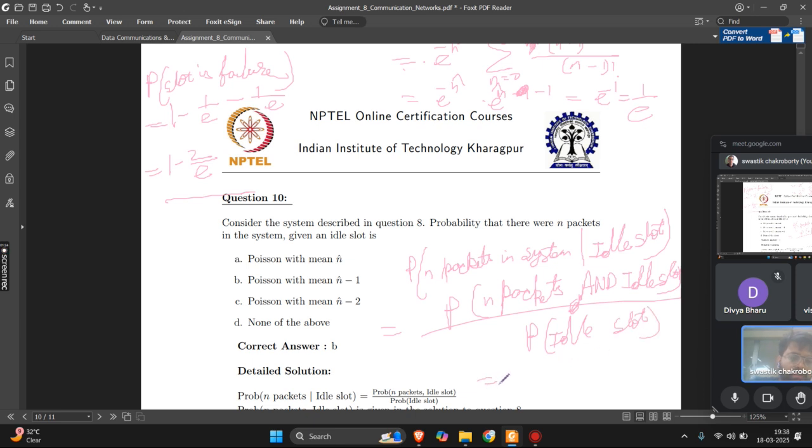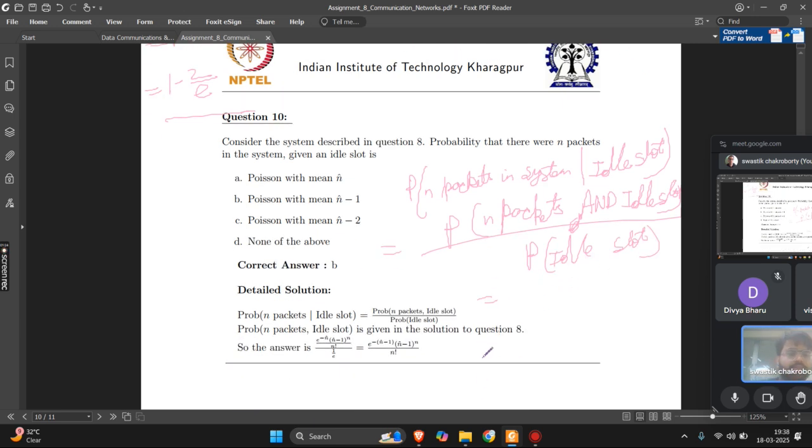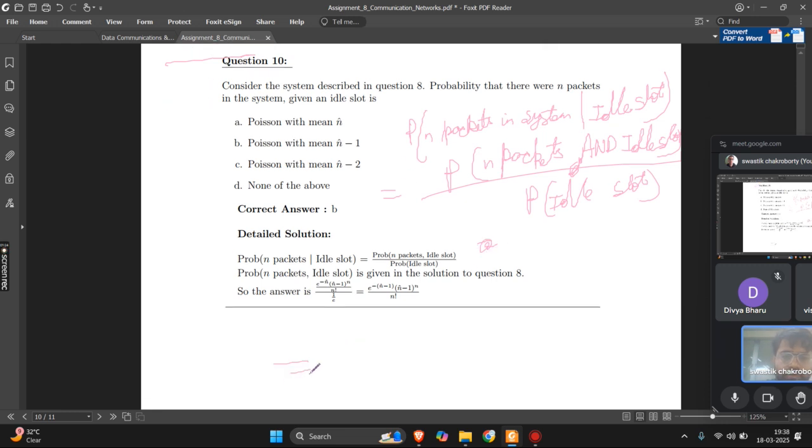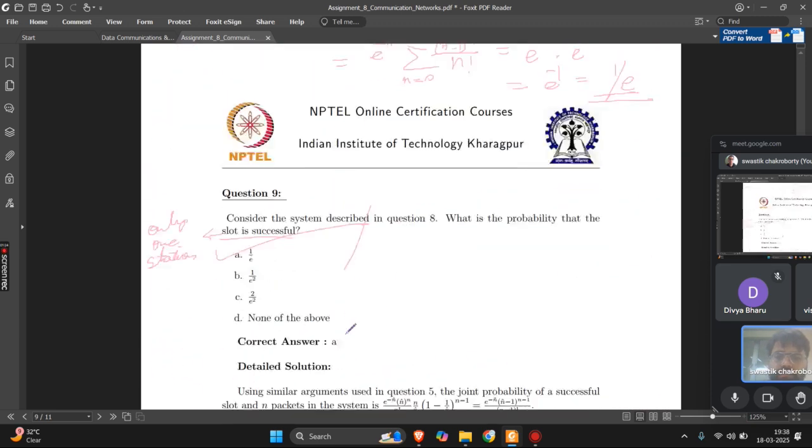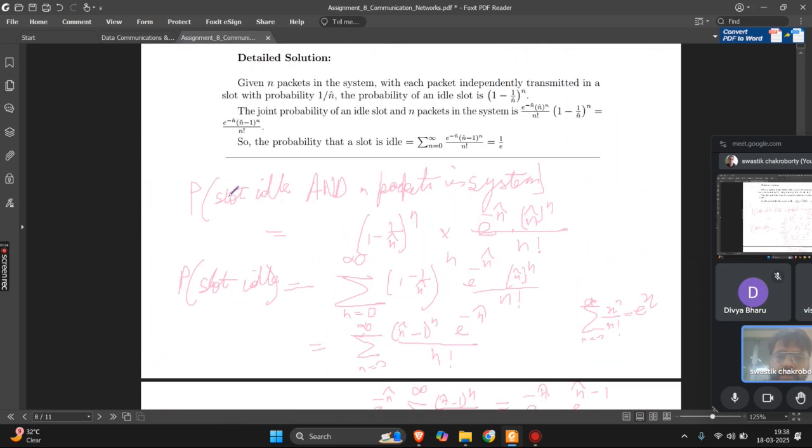Now, for n packets and idle slot, both of them have been derived. So what is the probability of n packets and idle slot? Let's go back. Slot idle and n packets in system.